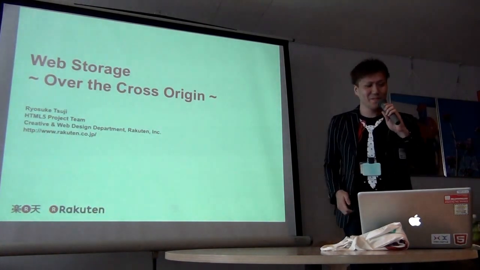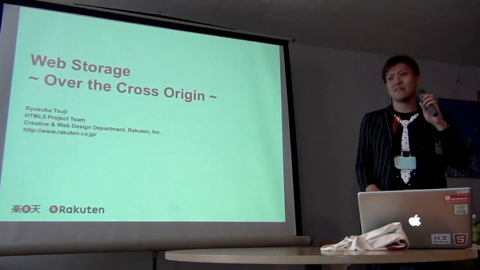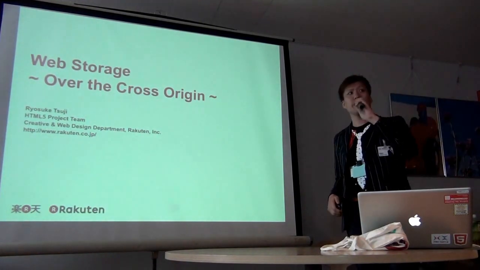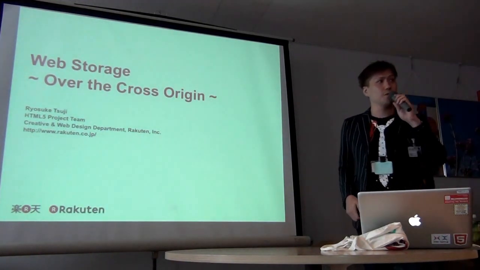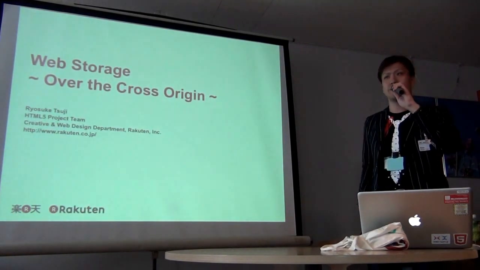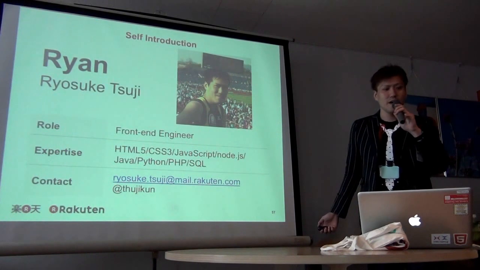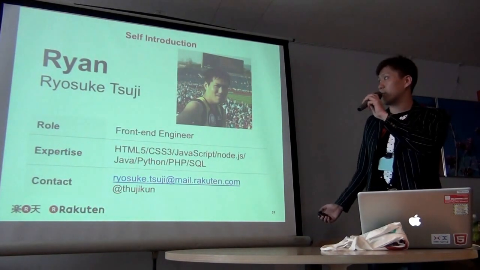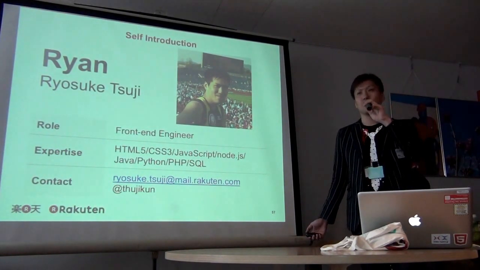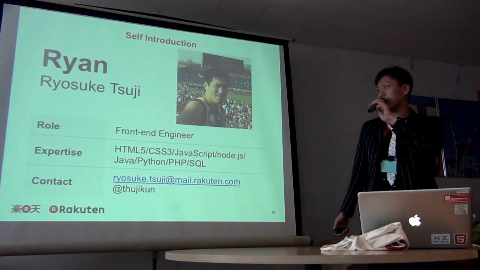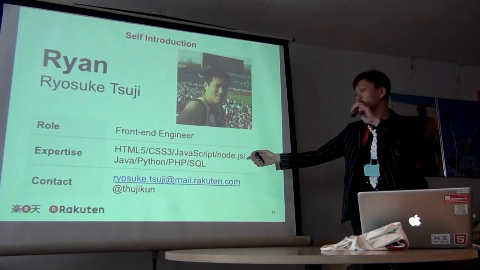Good afternoon, everyone. I'll talk about web storage technique now, and before that, let me introduce myself. My name is Ryosuke Tsuji, and my Rakuten name is Brian. I'm a front-end engineer now, and my expertise is these languages.